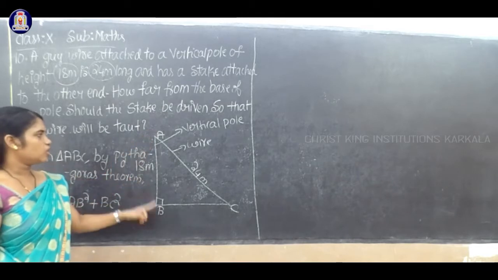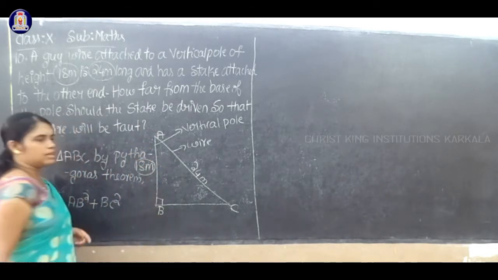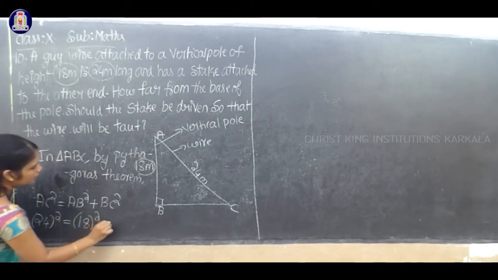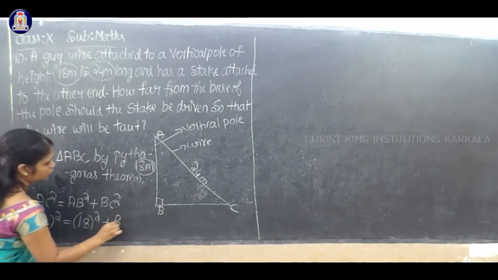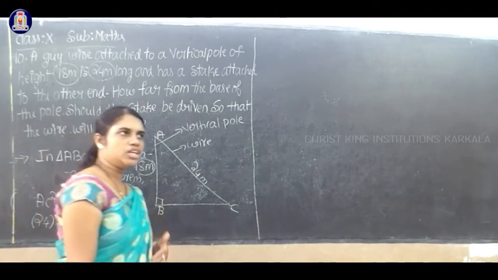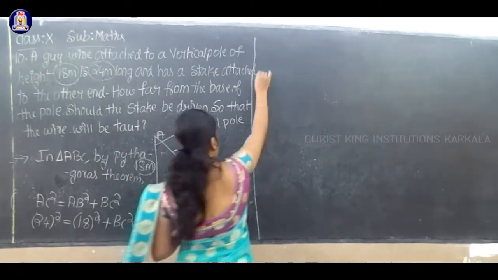What is the length of AB? AB is about how much? 18 meter. So therefore 18 square plus BC square I'll write as it is. Now 24 square means 24 into 24. How much is it? 576.